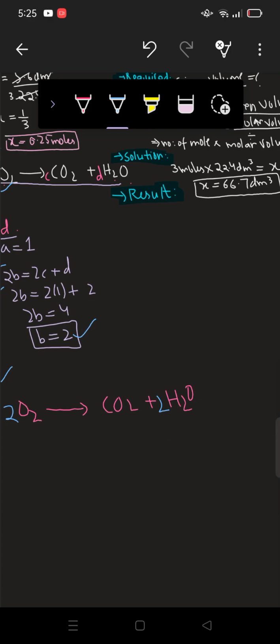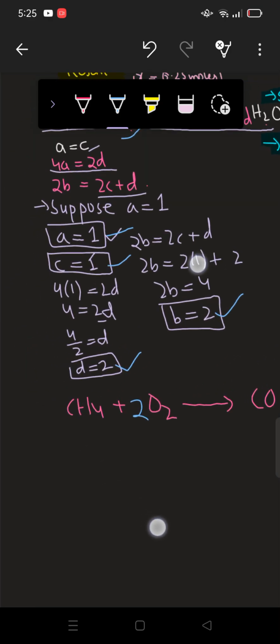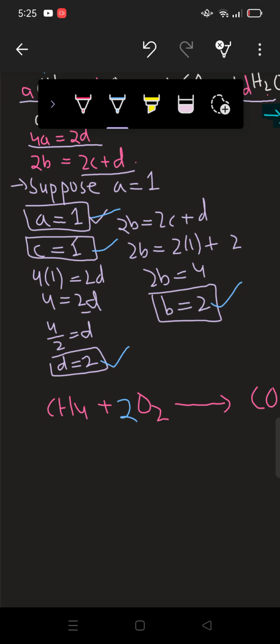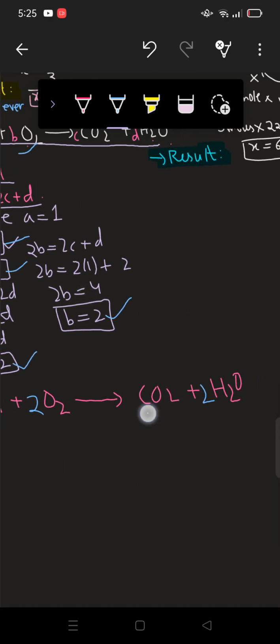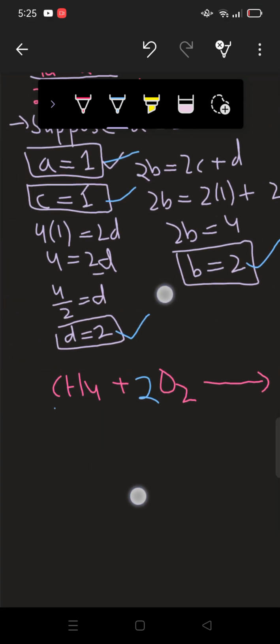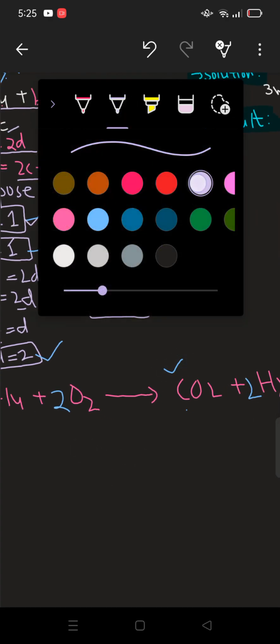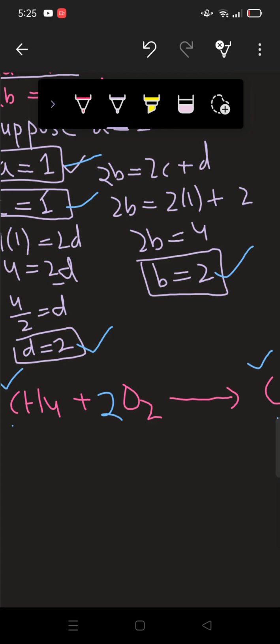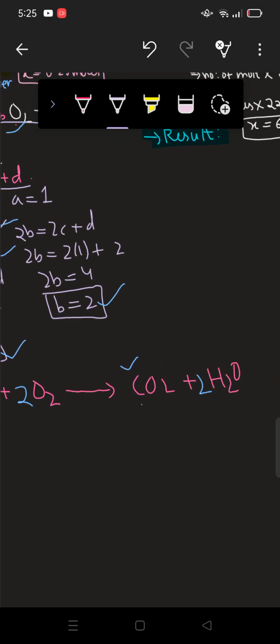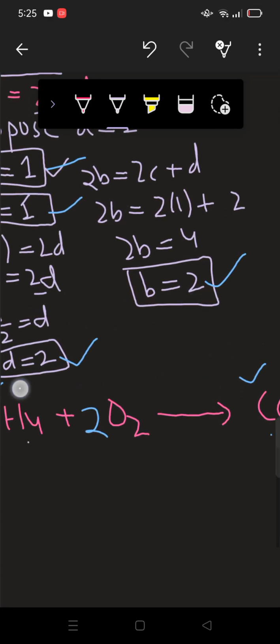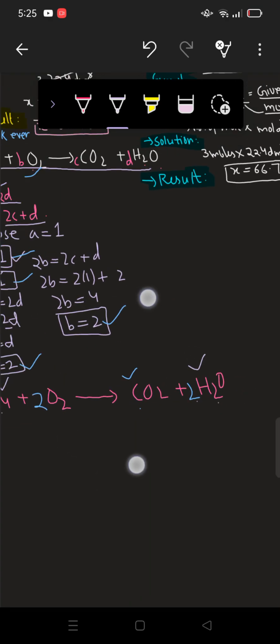Now you can see this equation is balanced. How is this equation balanced? Carbon is 1 here, carbon on the product side is 1 here too, means carbon on both sides is balanced, right? Now see hydrogen. 4 hydrogen here on the reactant side, 2 2s are 4 on the product side, means hydrogen is balanced as well.